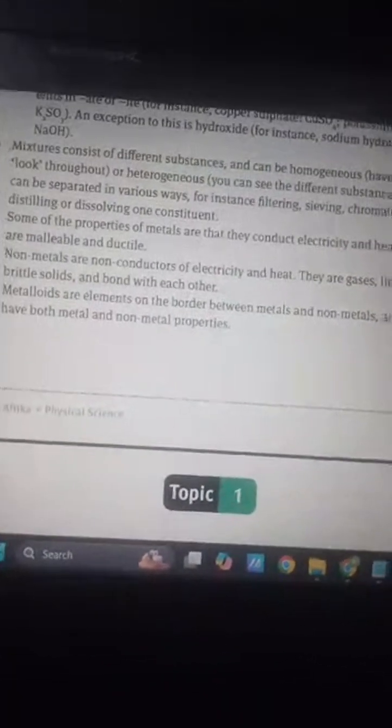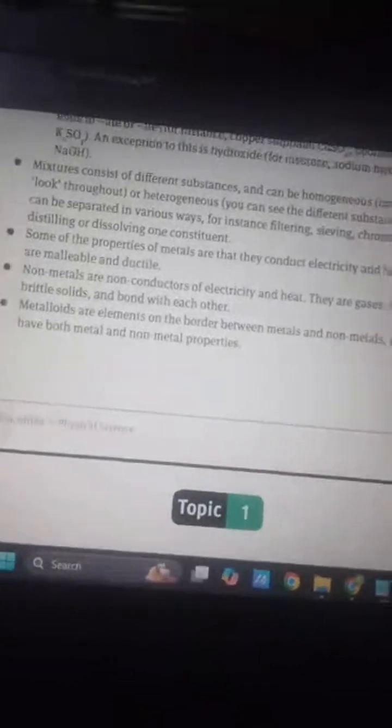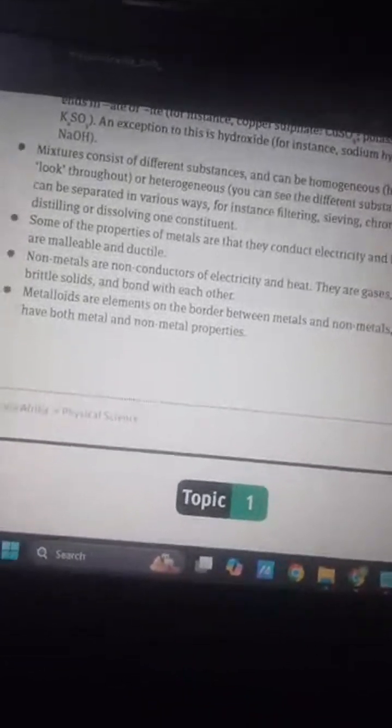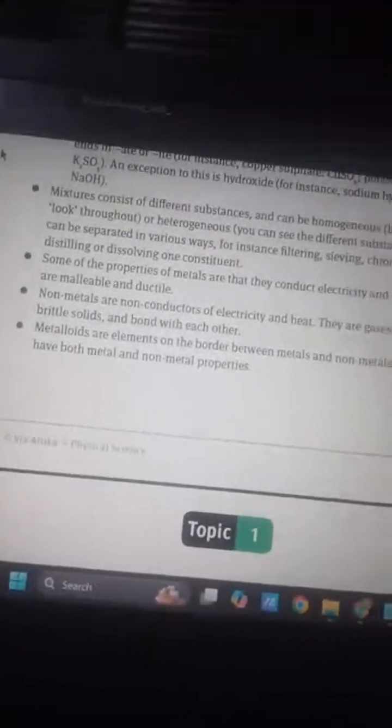They can be separated in various ways, through physical separation, like for instance filtering and distillation. They can be combined by dissolving one into the other, or separated by using a constituent.